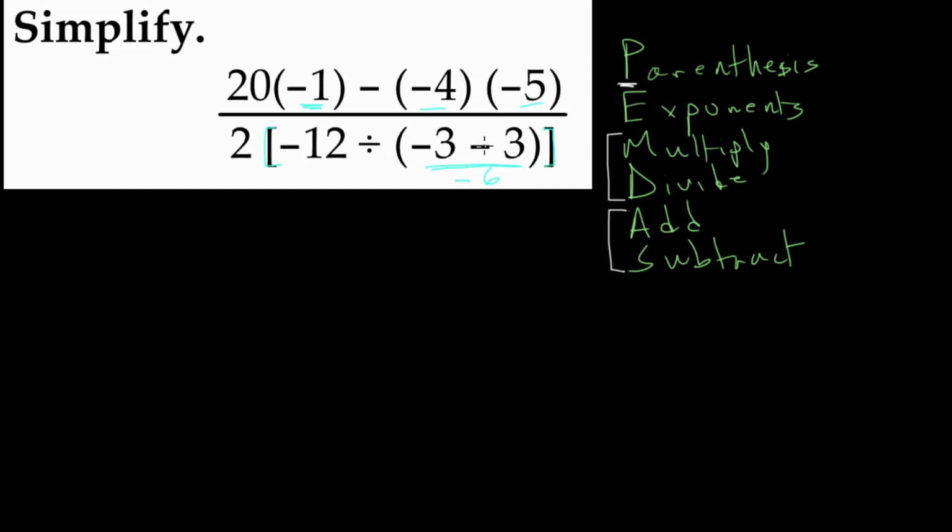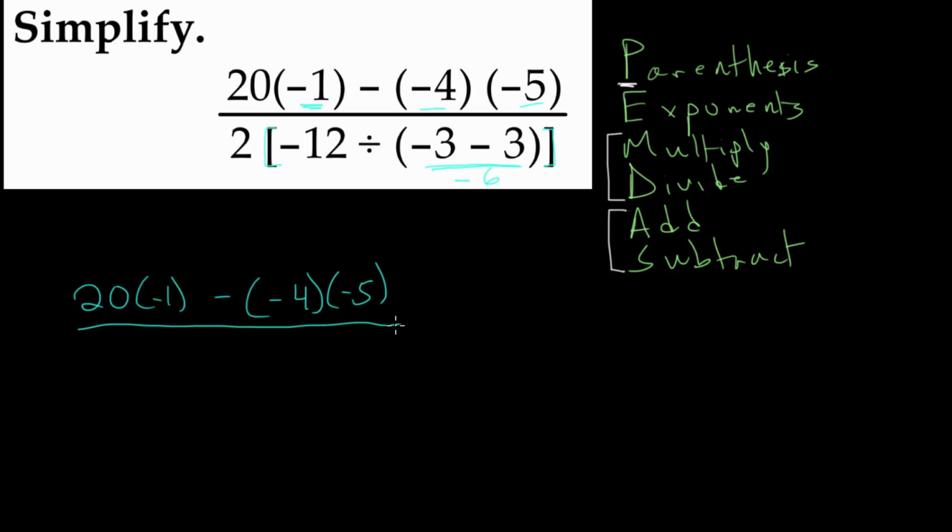So let's start by just rewriting this with this simplified. We have 20 multiplied by negative 1 minus negative 4 multiplied by negative 5. All of this is divided by 2 multiplied by minus 12 divided by minus 6 now, since we simplified that. And like I mentioned, we need to carry out the simplification of these brackets first.